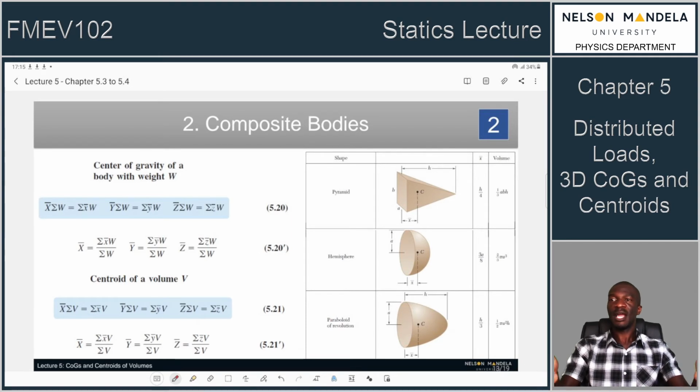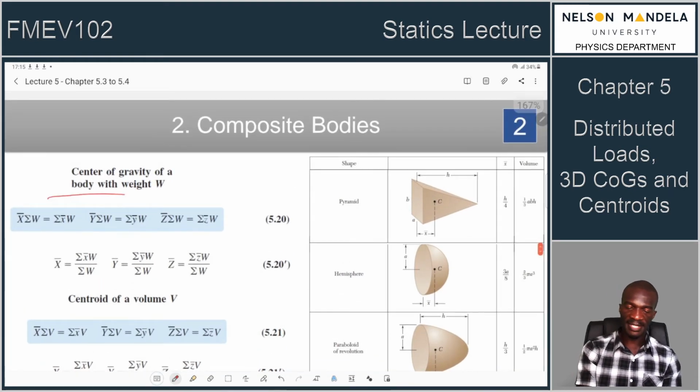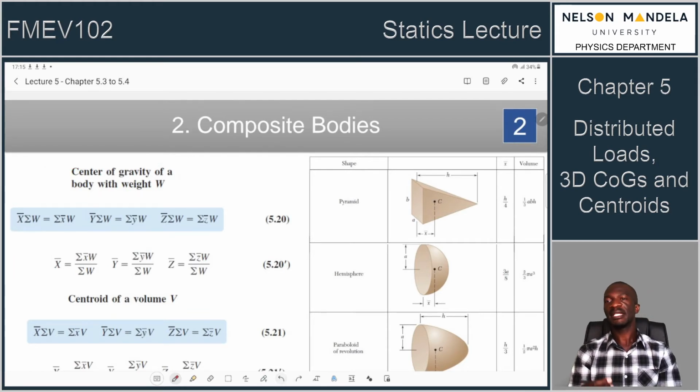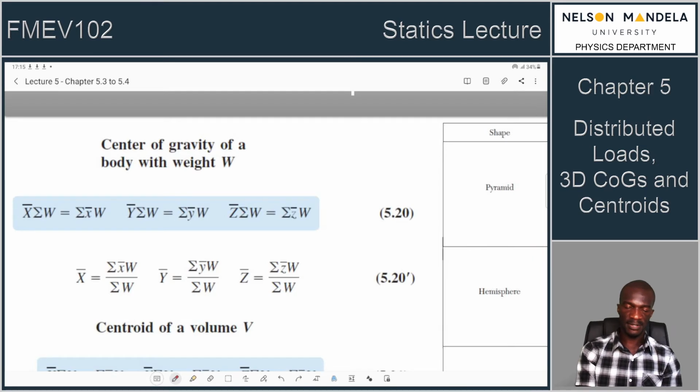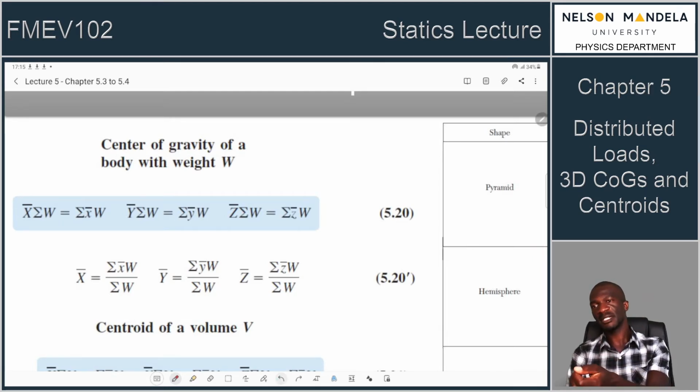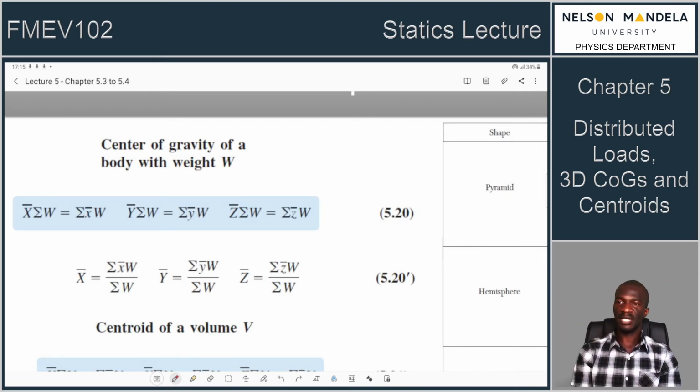Since we know that there are some regular shapes which we can take advantage of, this slide is introducing composite bodies, or bodies made of regular shapes. By the same methods that we introduced earlier, we can find the center of gravity of a body with some weight W. We can make use of the first moments, or the center of gravity calculations. The center of gravity gives us our x bar. Remember, now we are looking at composite bodies which you can subdivide into different shapes.